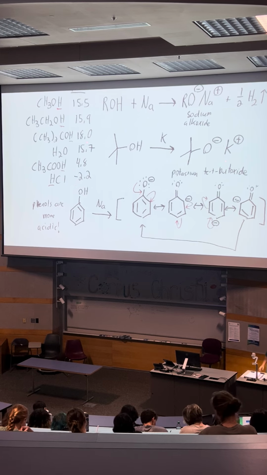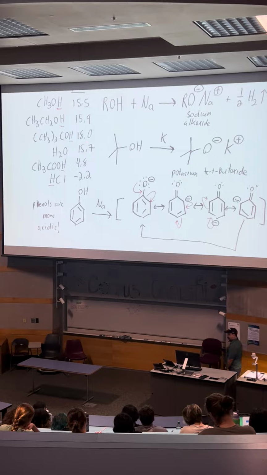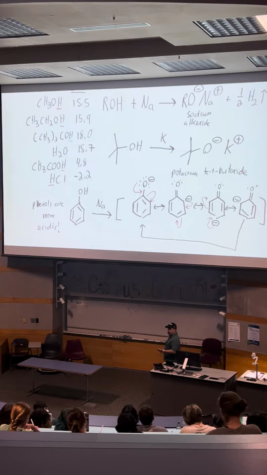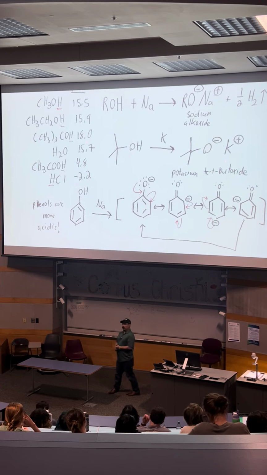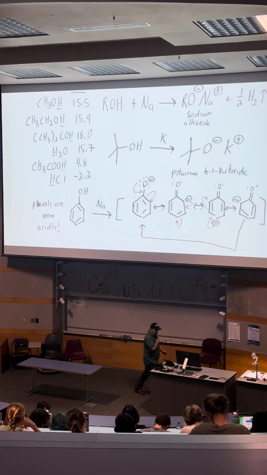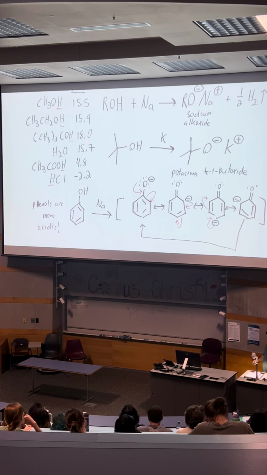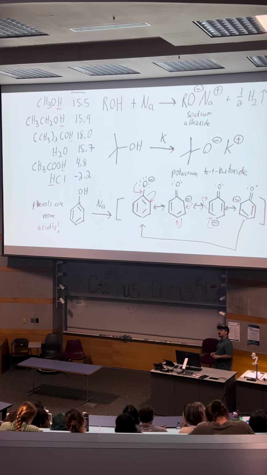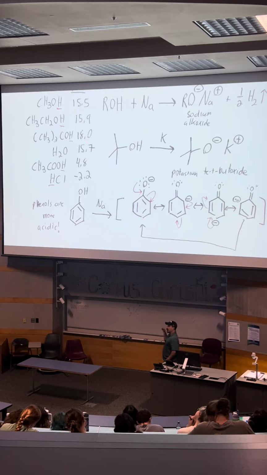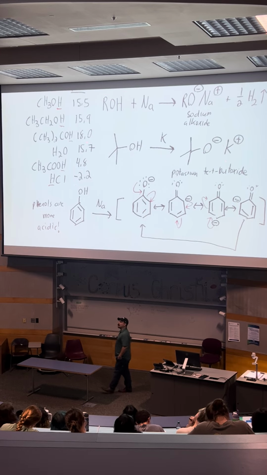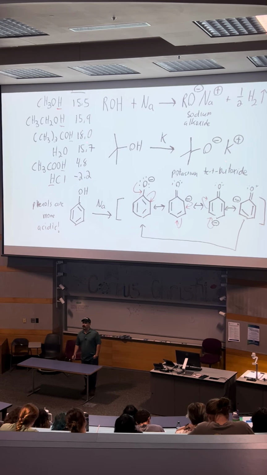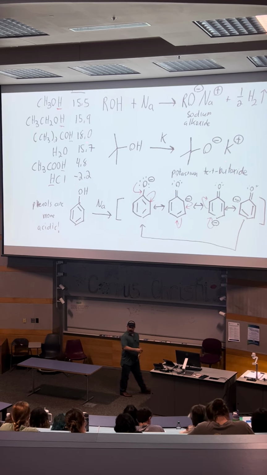And so these resonance stabilized anions are really important, right? That's going back to Chem 1. We said that, in an acid-base reaction, there's a couple of things to consider that determine the strength of the acid. And that is, what is the acid's conjugate base and how stable is it? If the conjugate base is unstable and it's highly reactive, such as the case for methoxide anions or potassium tert-butoxide, which is why those are very, very important reagents, you can do all kinds of chemistry with those.